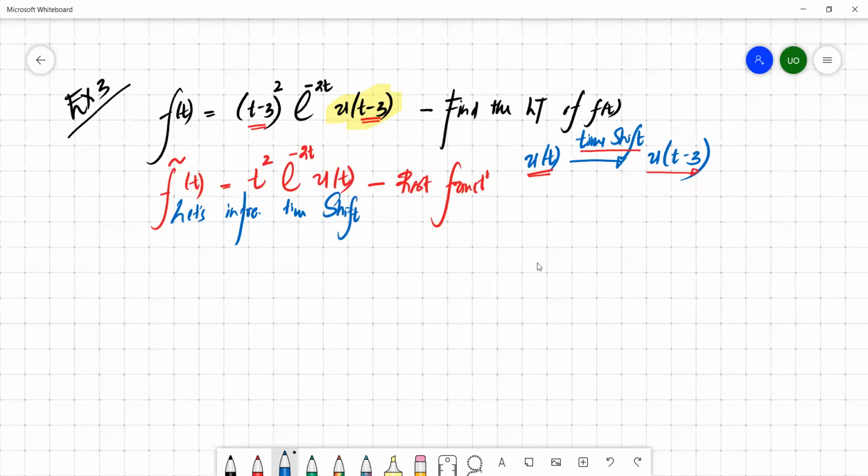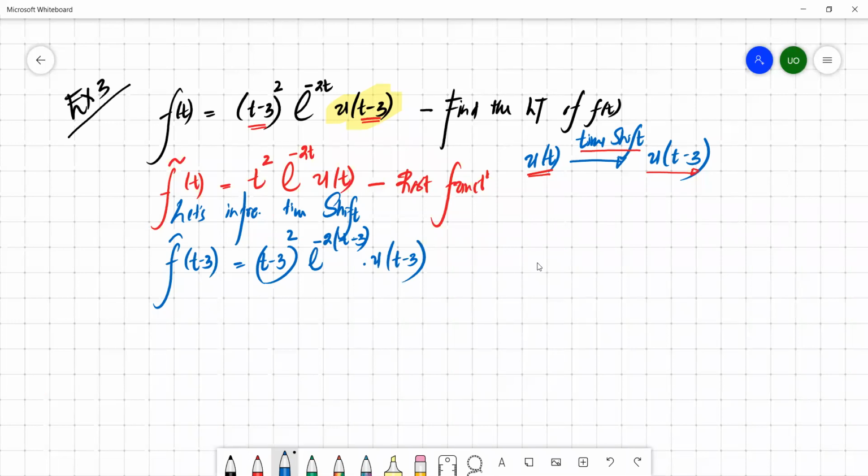Once you introduce a time shift for this f tilde, f tilde (t minus 3) would be (t minus 3) squared e to the power minus 2 times (t minus 3) u(t minus 3).